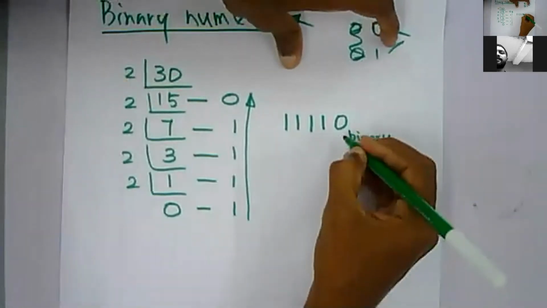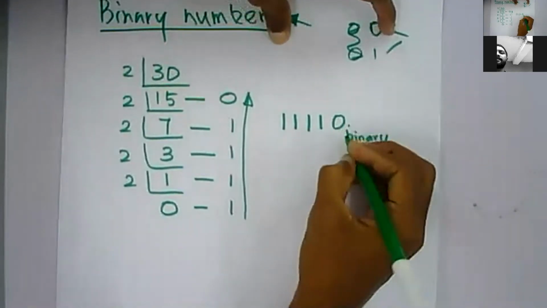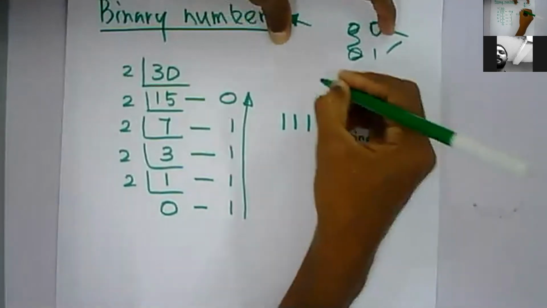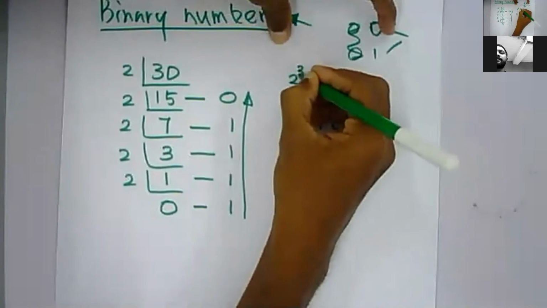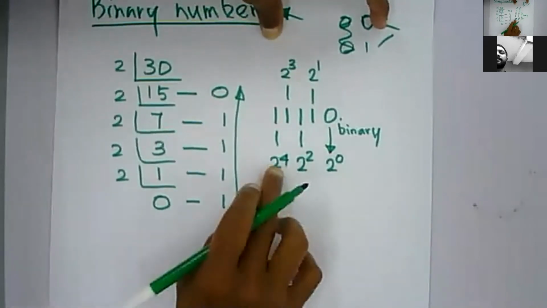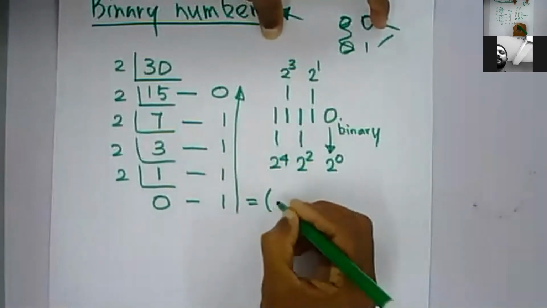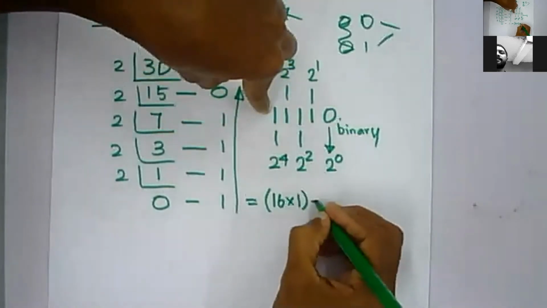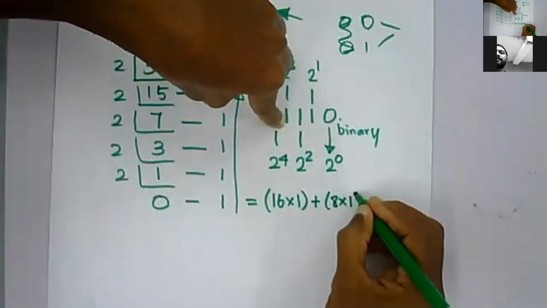As I said earlier, each digit has a value for its place. For example, this represents 2 to the power 0, this one 2 to the power 1, this is 2 to the power 2, this one 2 to the power 3, and this one 2 to the power 4. So I could rewrite this number: 2 to the power 4 means 16, so 16 into 1 at the 16's place. Plus 2 to the power 3 becomes 8 into 1 at its place.